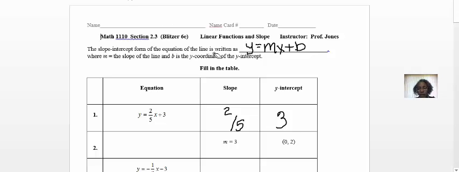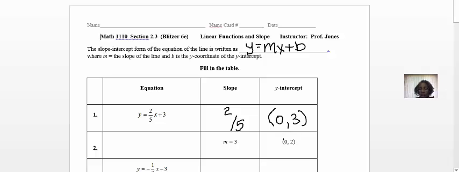And actually, let's write our y-intercepts in the form that the ones that are already written are given. And that is to write it as a point with coordinates. So we'll write this as 0, 3.